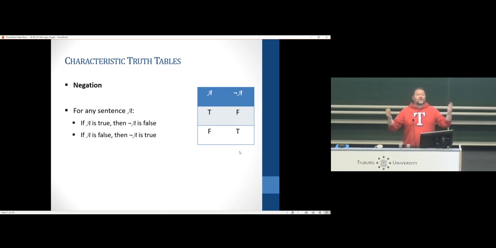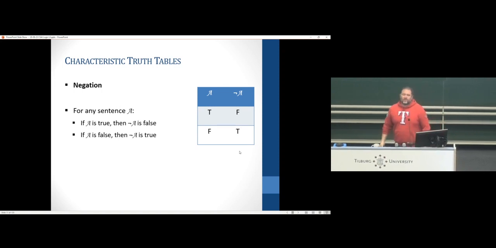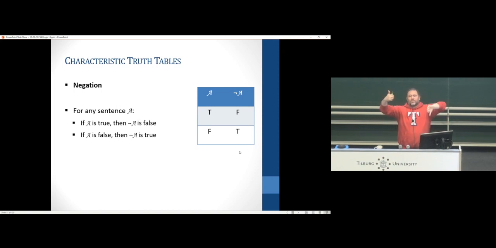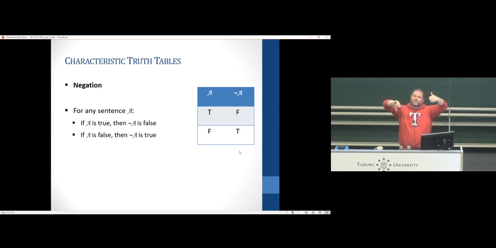So take A conjunction B. A conjunction B has A and B, so we need to think about how we could assign truth values to those. And of course, there's going to be four options: both true, both false, one true and one false, the other true and the other false. So we just build that into our table.